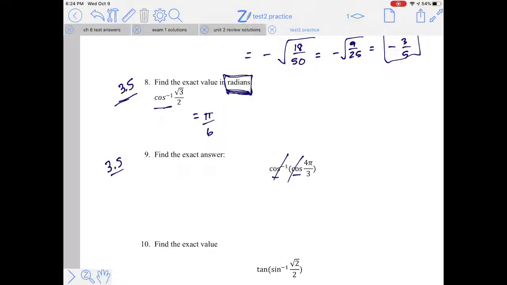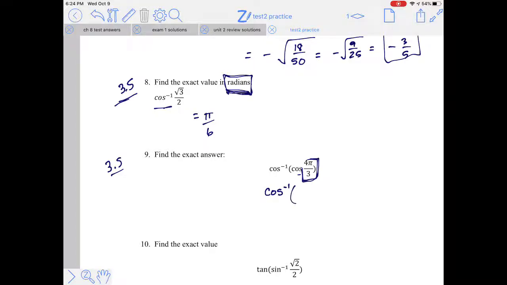And the answer is sometimes they do, sometimes they don't. They're only inverse operations if what we're evaluating is within the defined parameters. For cosine, it's got to be in quadrants 1 or 2. 4 pi thirds is in quadrant 3. So these do not act as inverse operations, or inverse functions, rather.